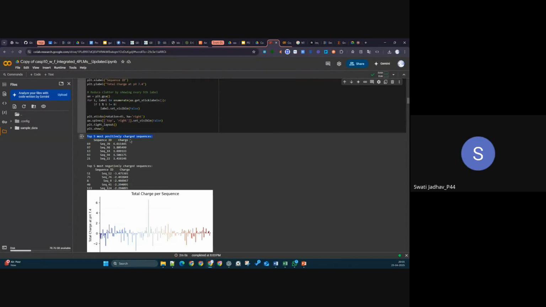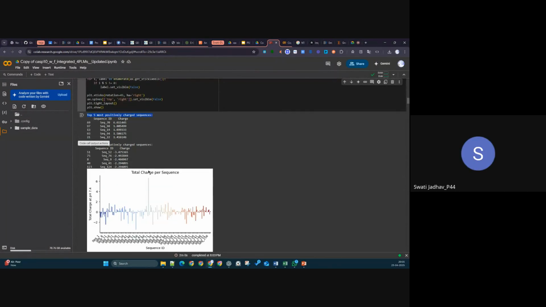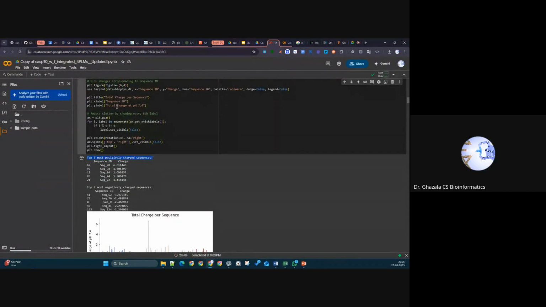And this pH 7.4, is that the standard pH? Yeah, the standard scale, which is a neutral scale. So whatever is above this and below this, this is the standard maximum scale for the charges for all the sequences.